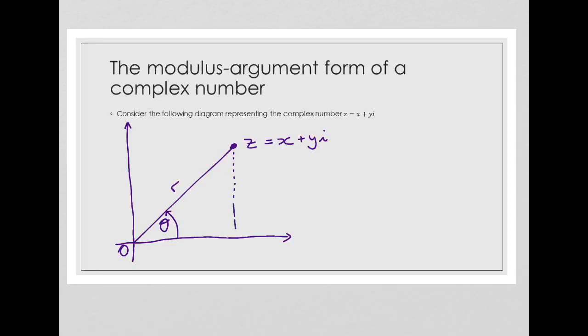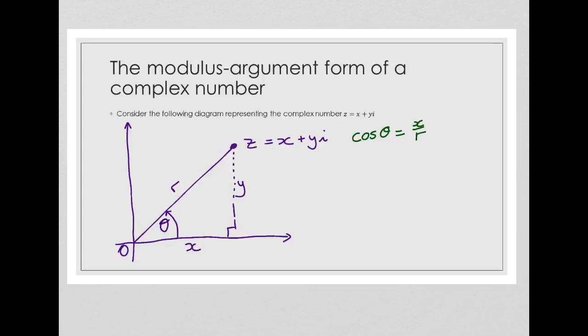And we can complete the triangle. Right, so you are familiar with this by now. Now from trigonometry, we know that cos theta is equal to x over r.